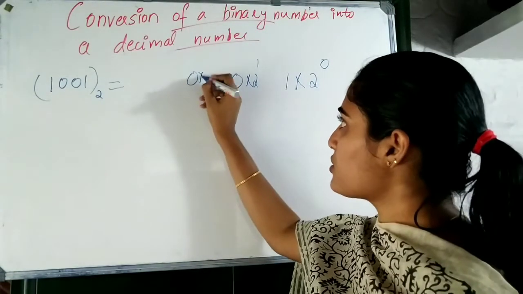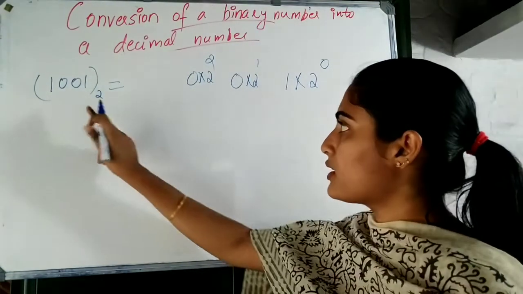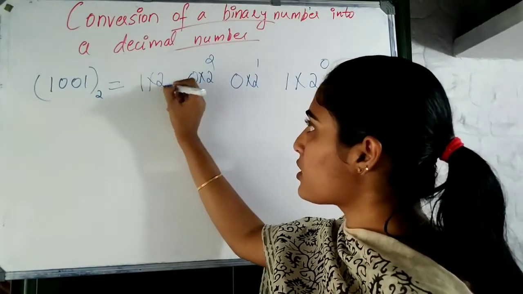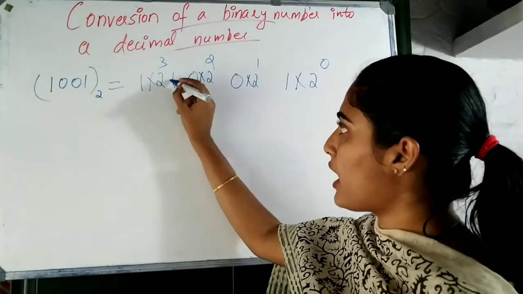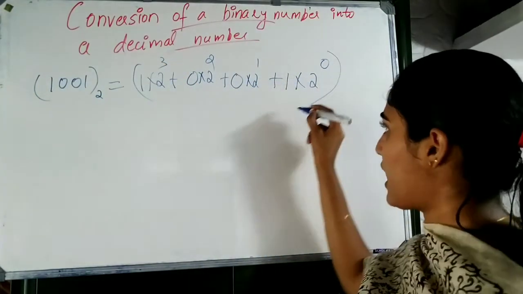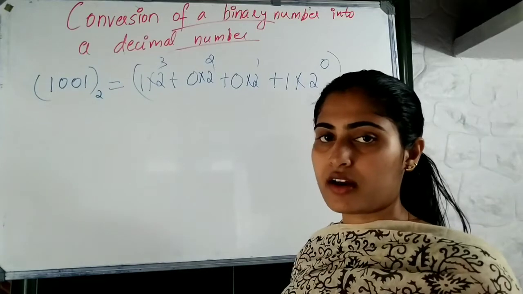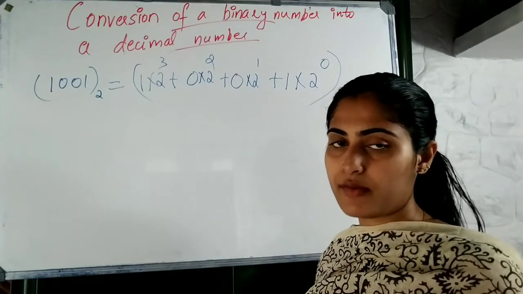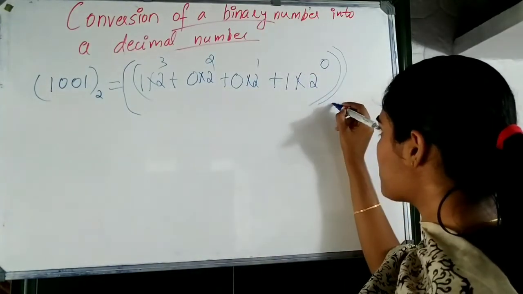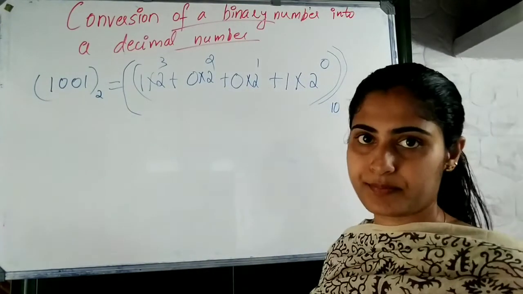So 0 into 2 raised to 2. And the digit at thousands position is 1. 1 into 2 raised to 3. And we have to add all these cases and put a bracket. Since we are converting into decimal form, I have to put the subscript as 10.